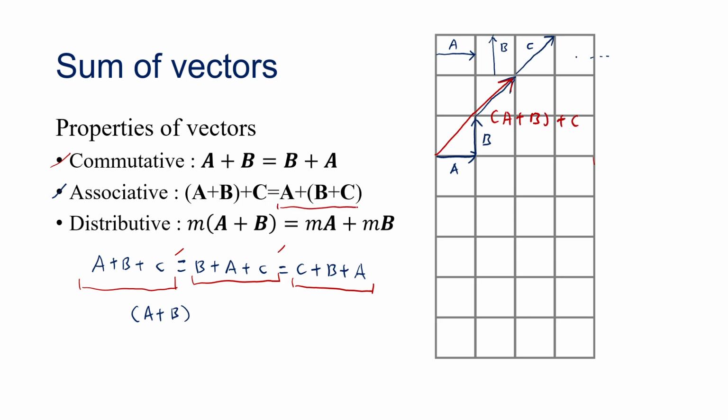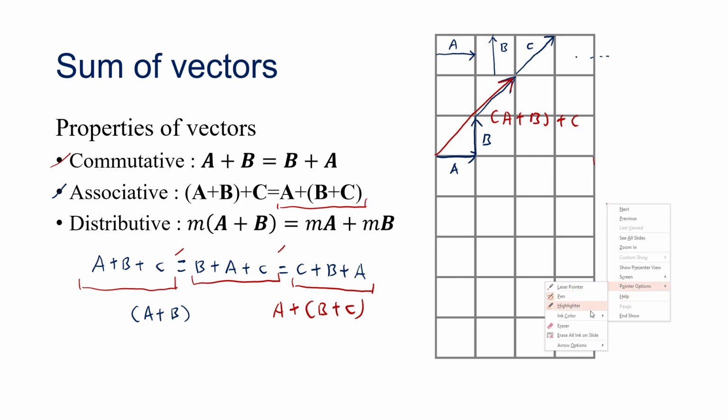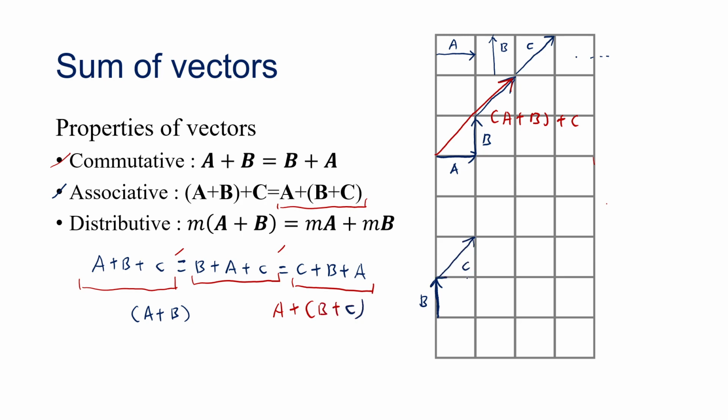Now the second part here, we try out doing a plus (b plus c). So we do the b plus c first because they have a bracket here. We do say b plus c, and then we add back the a, because here the bracket we prioritize.